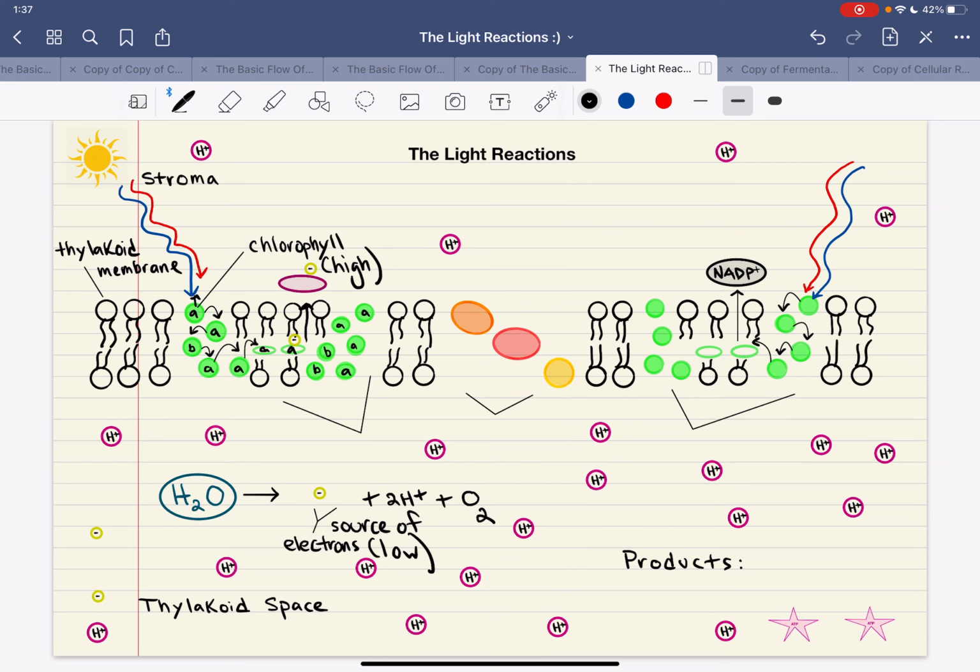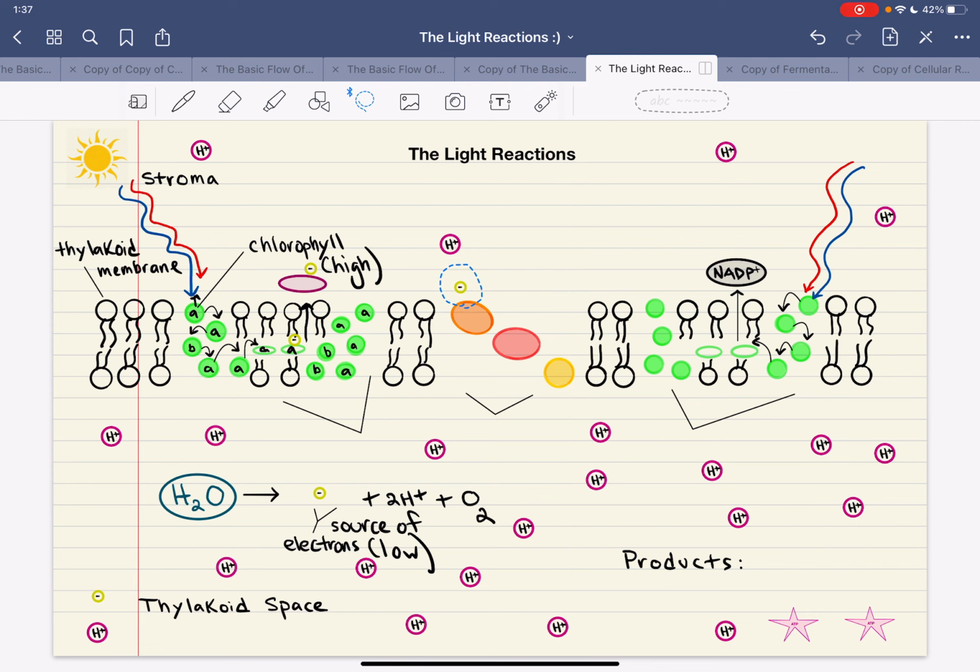So the next step that this electron takes, it's going to be hard for me to circle that, so I'm going to use a different electron, pretending that we're talking about this one right here. It's then going to get transferred to a series of molecules, and it's going to get passed down like this. What does this remind you of, thinking back to the last module? Kind of looks like the electron transport chain, and it is in fact an electron transport chain.